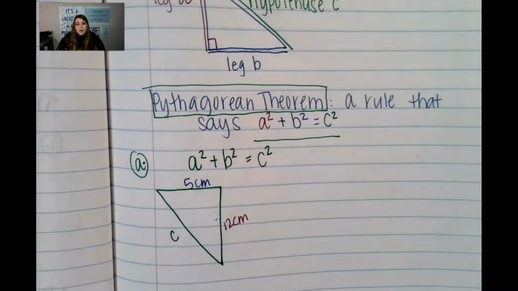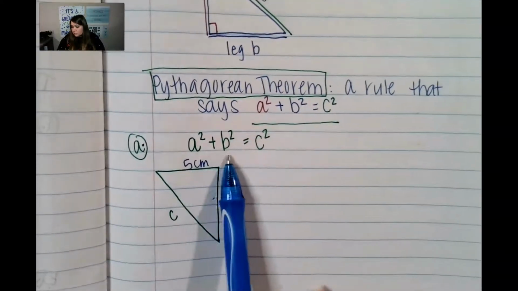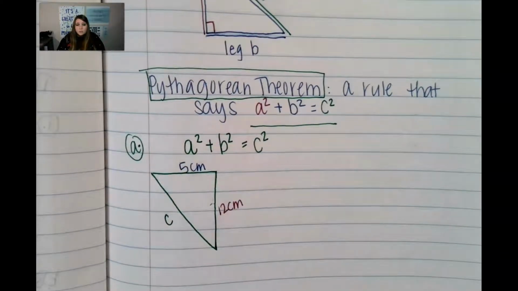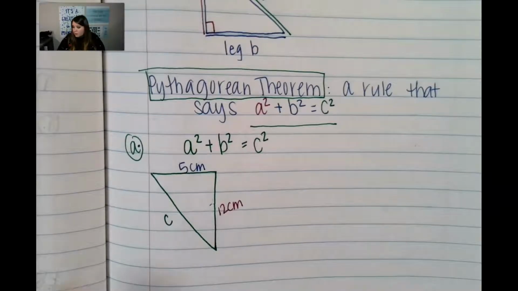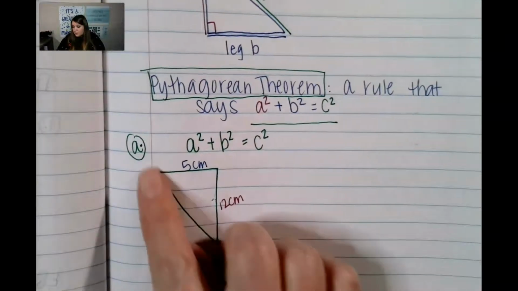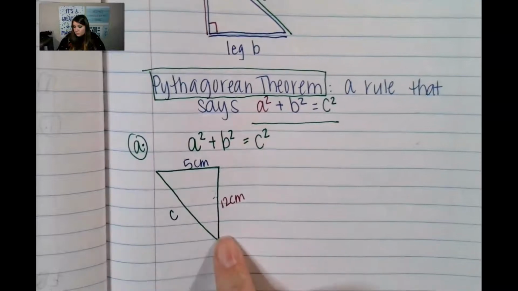So we can find angle C by using a squared plus b squared equals c squared. And what we're going to do is we're just going to plug in the different parts of this equation. So we're just going to match them up. So leg A, leg B, and hypotenuse C, excuse me.